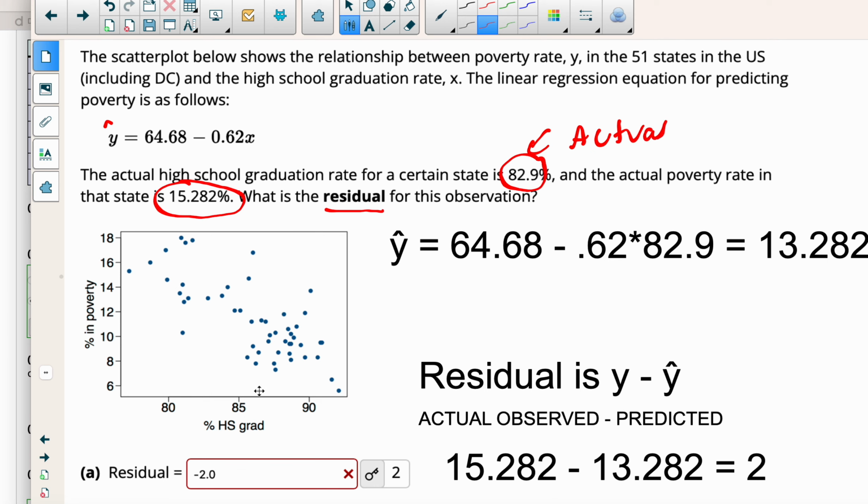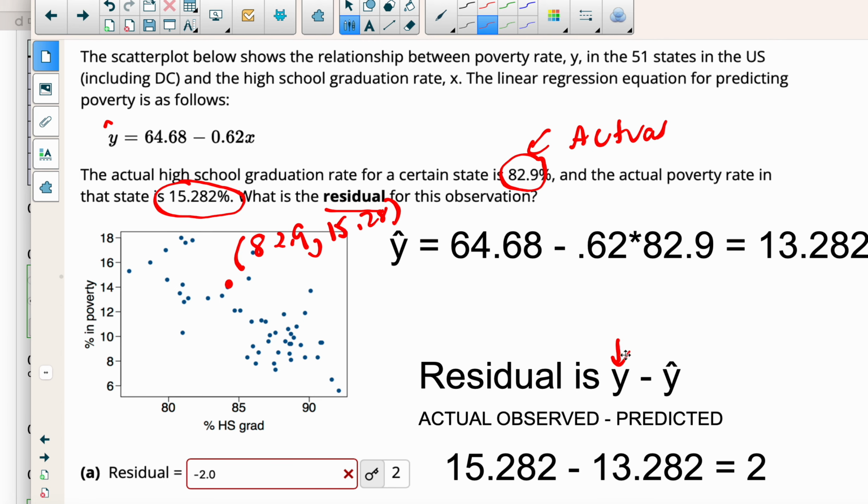If I looked at the table here, 82.9, it's probably right here. That's the actual dot when high school graduation rate is 82.9, poverty rate is 15.282.